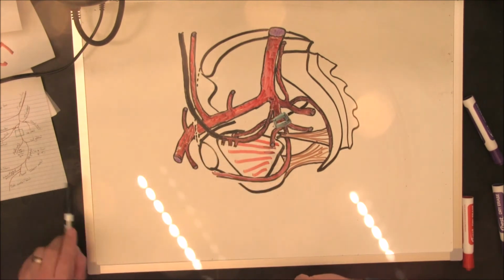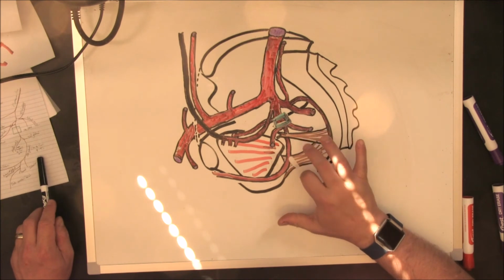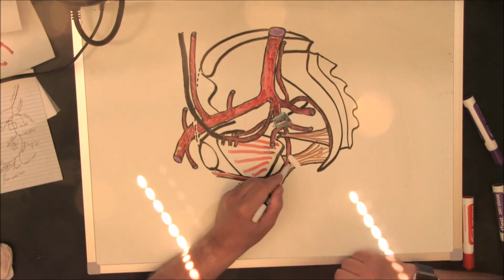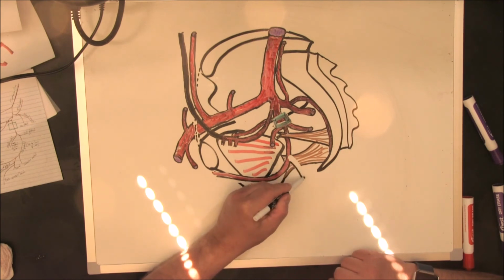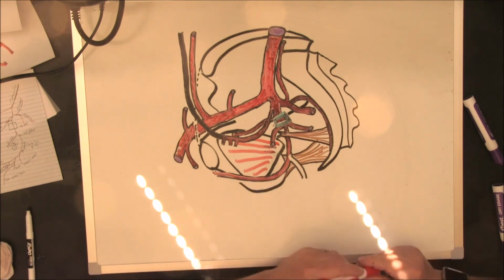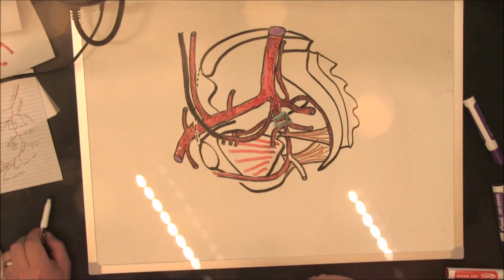What we're going to worry about now is that below this middle rectal we have an inferior rectal artery coming off the internal pudendal artery. And as its name suggests, it's going to supply the inferior rectum as well as the anal region.